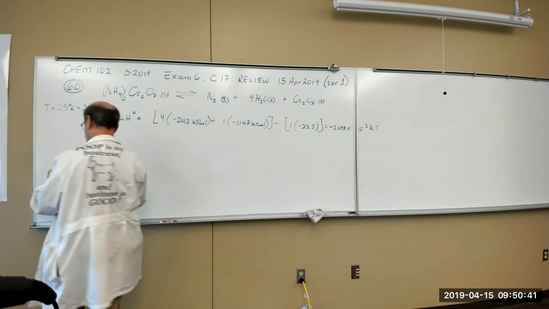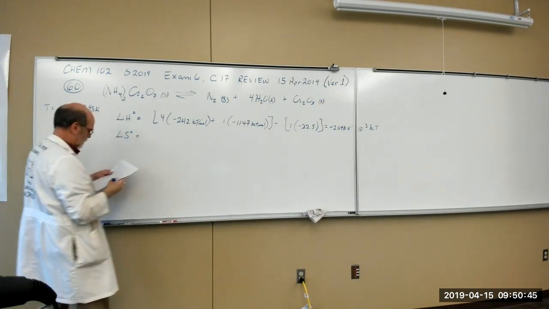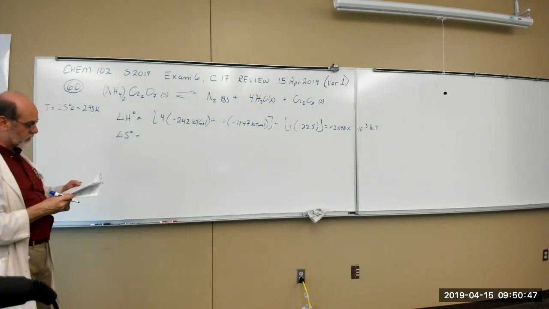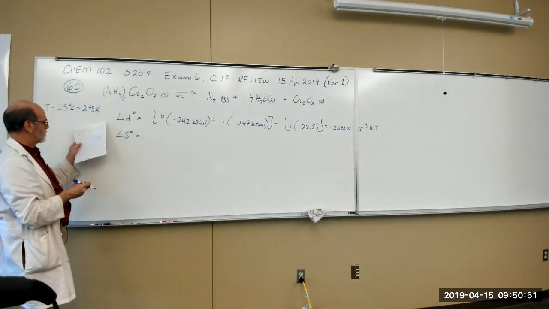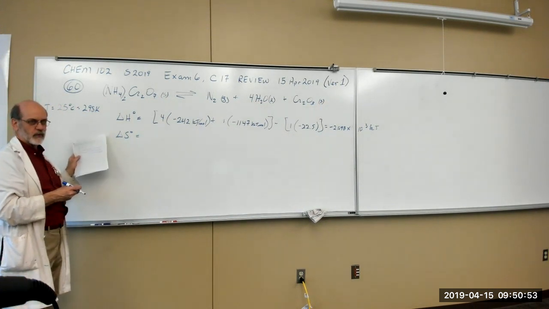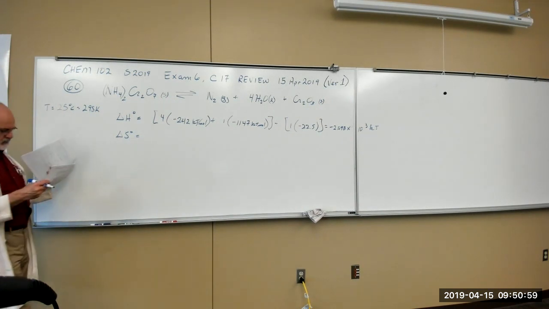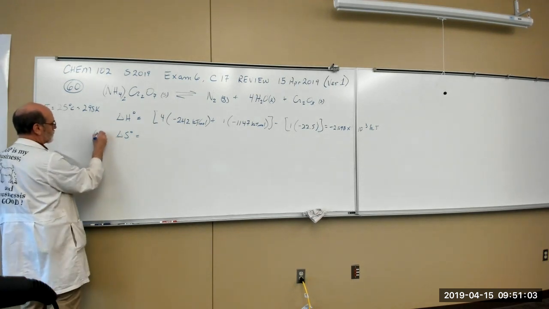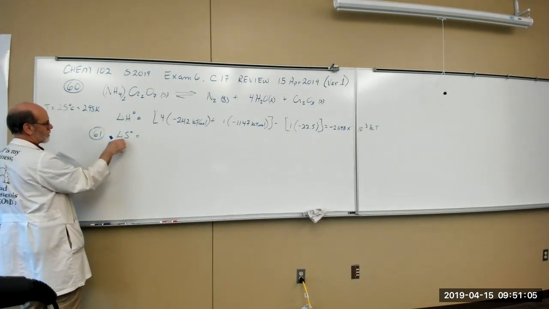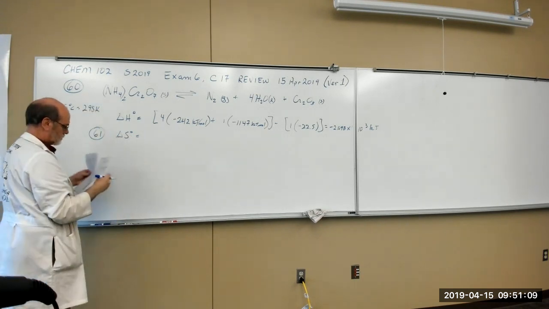Okay. Delta S, why are we doing these? Well, delta S answers the question for 60, but we need delta H to answer the question for 61. No, 61, this answers number 61, right here, and we need that one to answer 60.